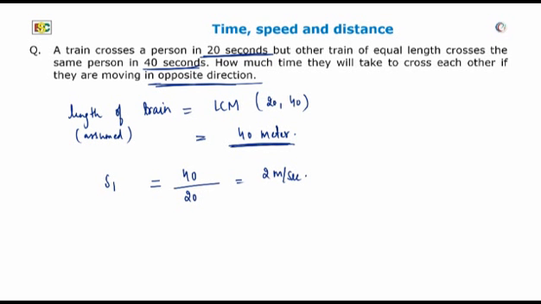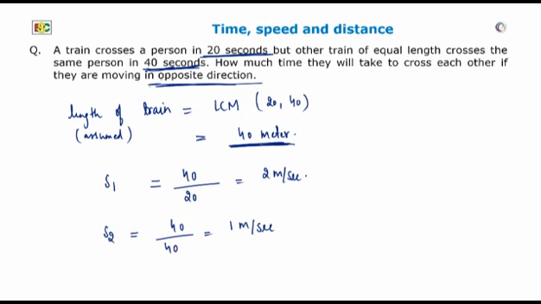In the same way, for a train which is passing a person in 40 seconds, let's say going with the speed S2, and that will be equal to distance, that is 40 upon 40 seconds, that is 1 meter per second.